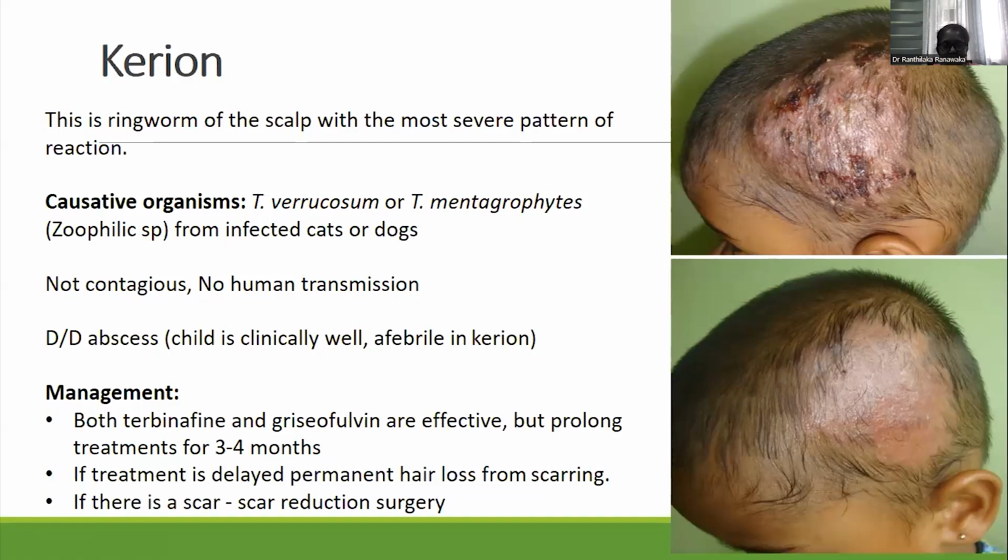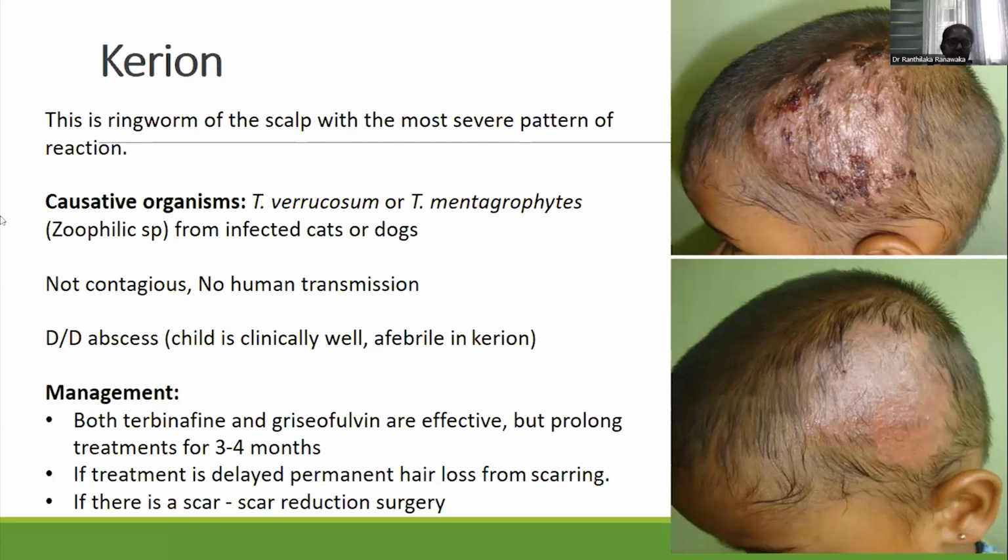They are afebrile, no fever. And the history is very short. Within 1 or 2 days, a few days, 3 to 4 days, they have developed these large lesions, right? That is how you differentiate kerion and abscess.